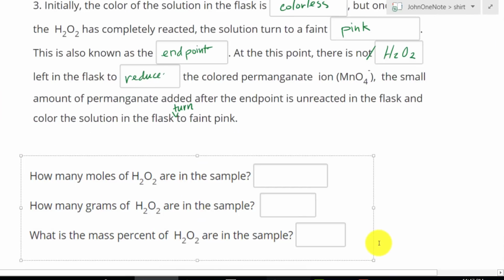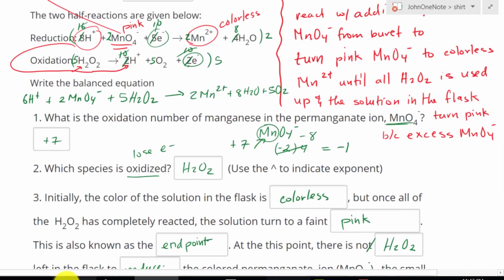Now let's use this information to determine how many moles of hydrogen peroxide are in the solution. First of all, we need to realize how the number of moles of hydrogen peroxide is related to this volume.